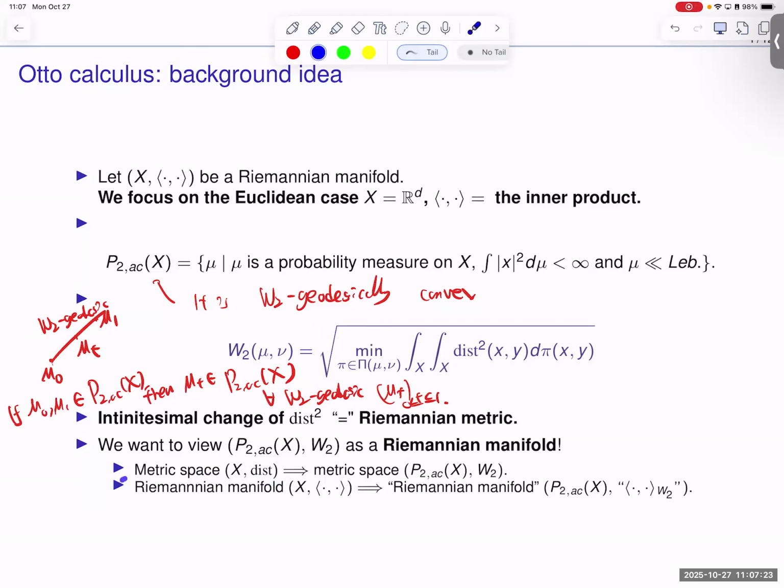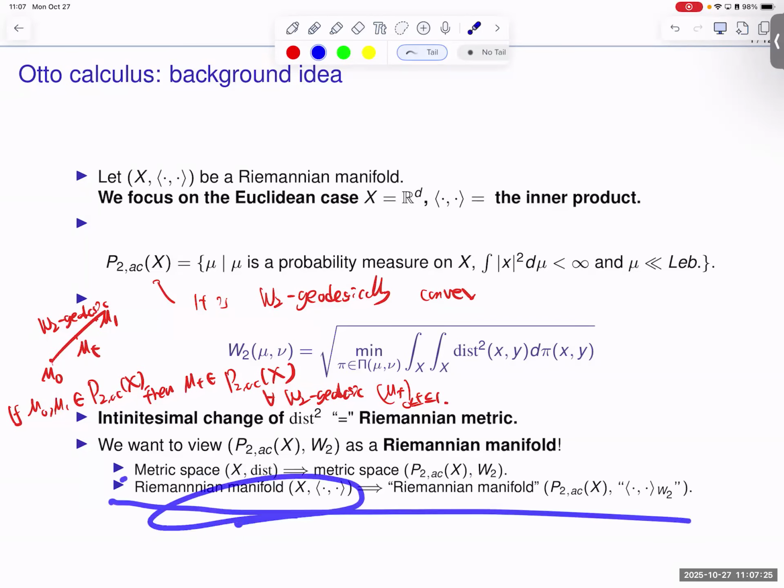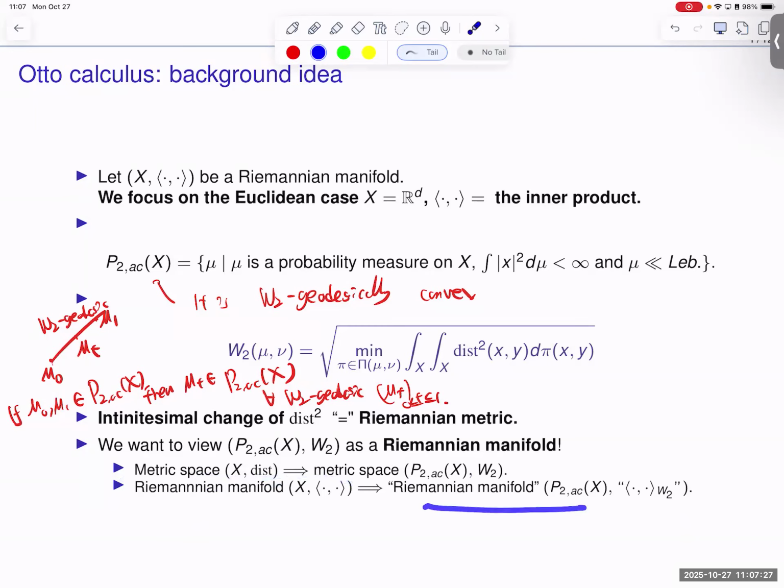And the theme today is that given a Riemannian manifold, we want to see the Riemannian structure on P(X), but now more precisely P2AC(X). So the basic idea is that if the underlying space has some kind of nice geometric structure, it can be extended to the space of probability measures.